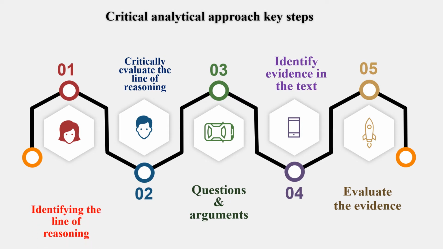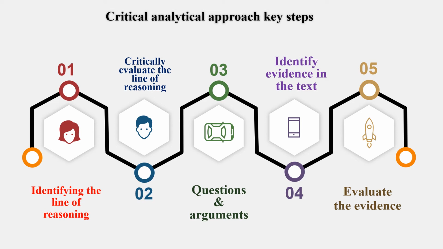In fact, we have five key steps of the critical analytical approach, and you, as a reader or critic or analyst, should follow these five key steps to criticize and analyze the text very well.